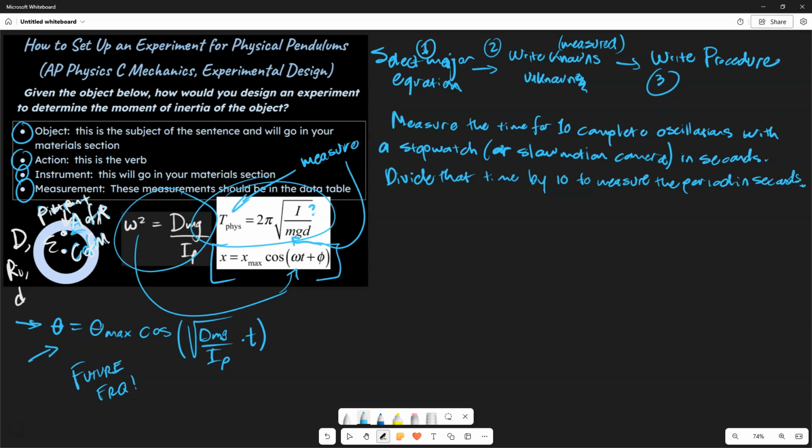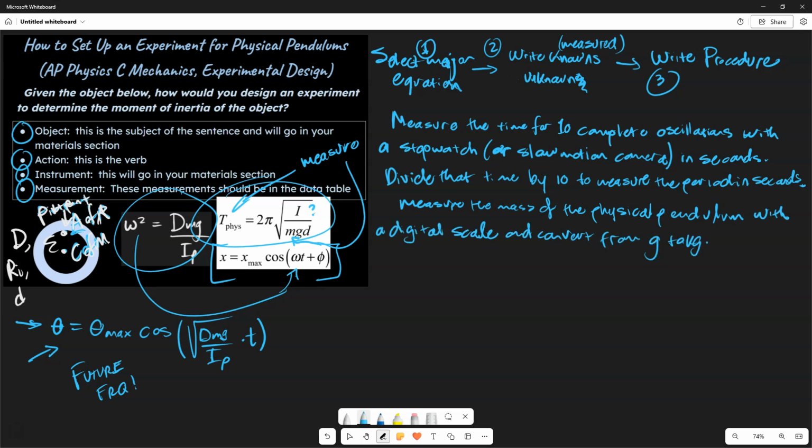What else do we need to measure here? Well, we're going to need to measure the mass. And it's really important that we mention the instrument, as you see on the left-hand side. Like, we got to talk about what are we measuring the mass with. So we would measure the mass with preferably a digital scale. And you want to end up in kilograms with that. And what else do we need to measure here? This D, like we talked about down below, really crucial that we measure the D value.